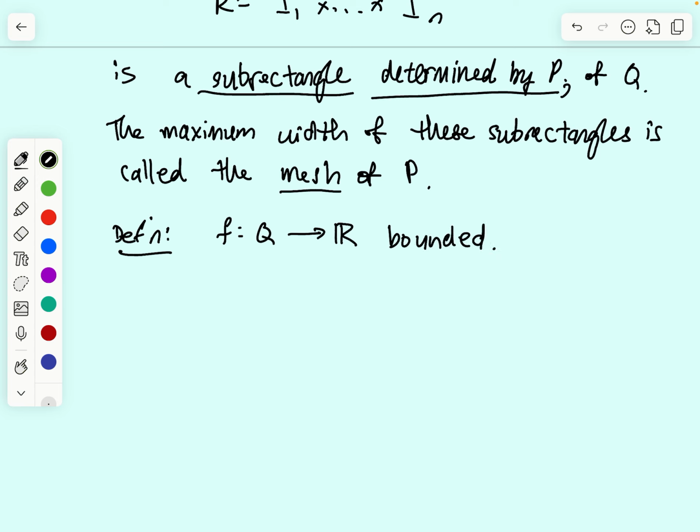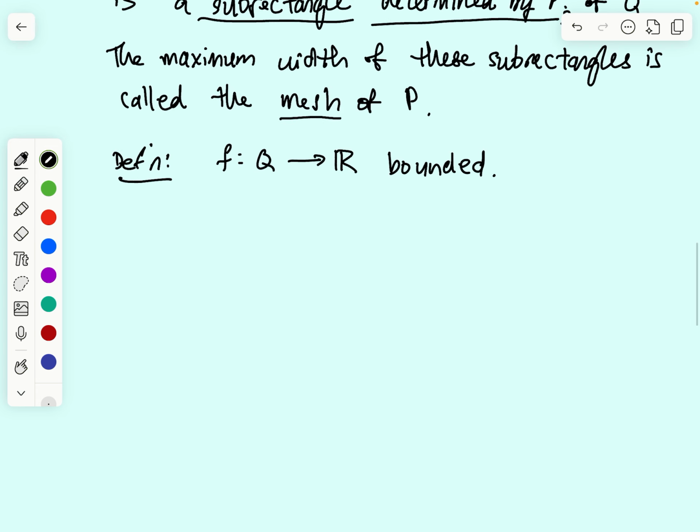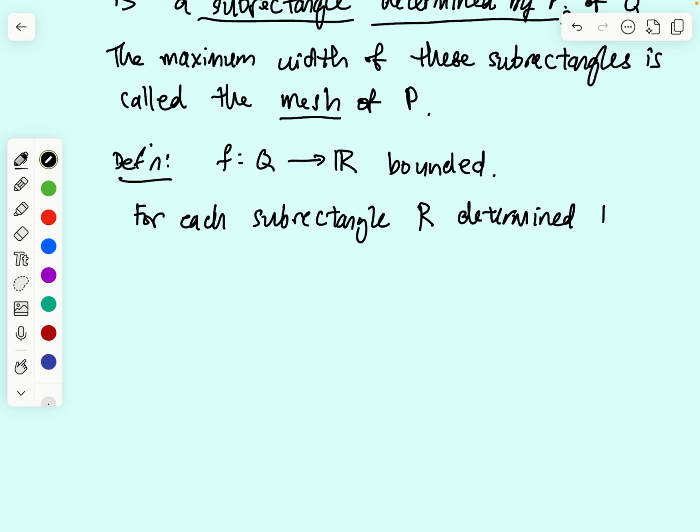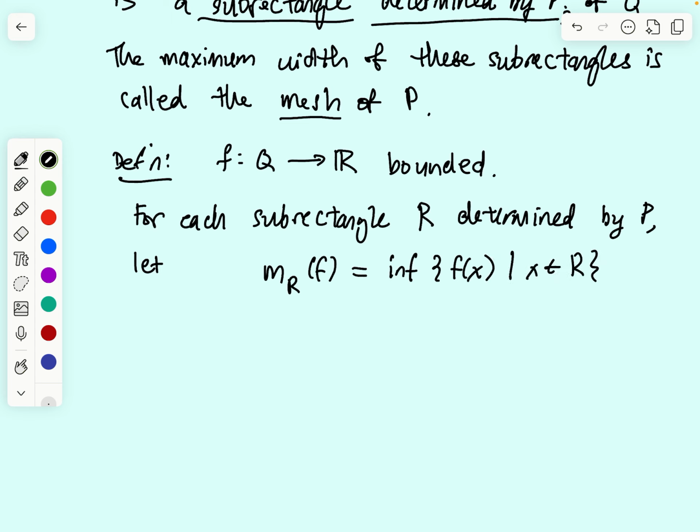And let's say that you have a partition P of Q. So you have all these subrectangles R of P. For each subrectangle R determined by the partition P, let little m sub R of f be the infimum of f of x, where x is in R, and capital M sub R of f be the supremum of f of x, where x is in R.